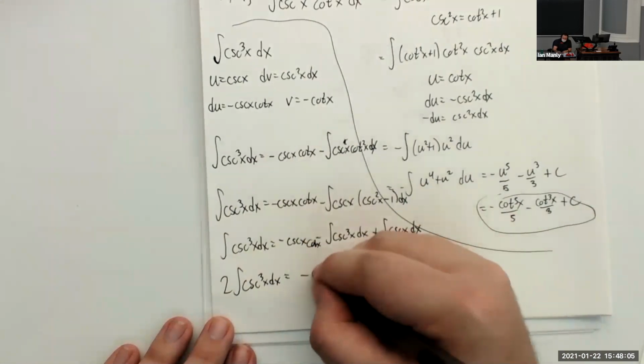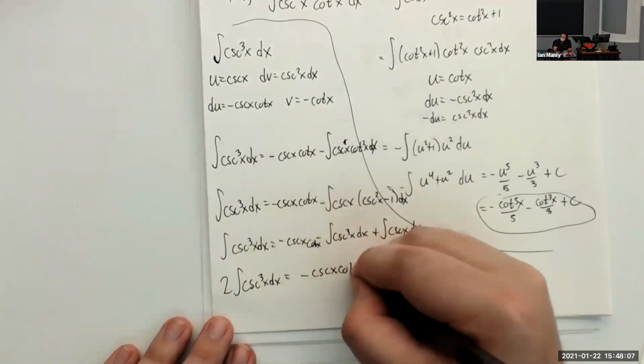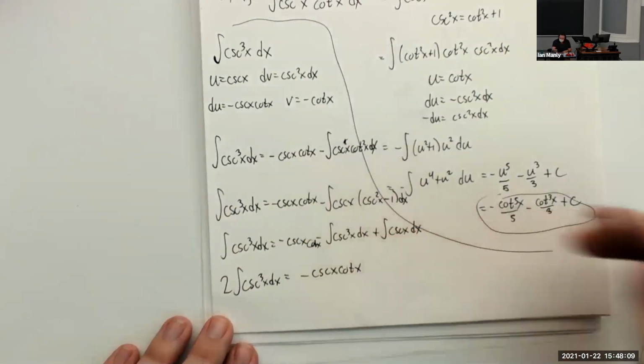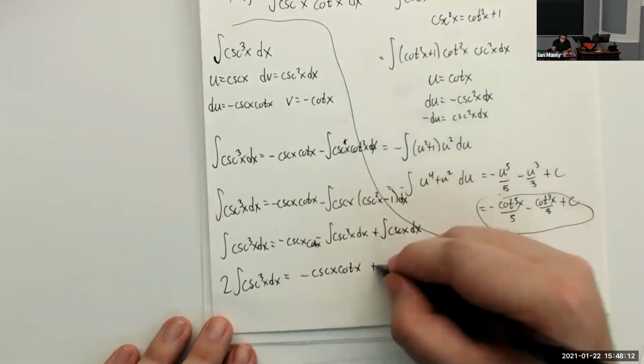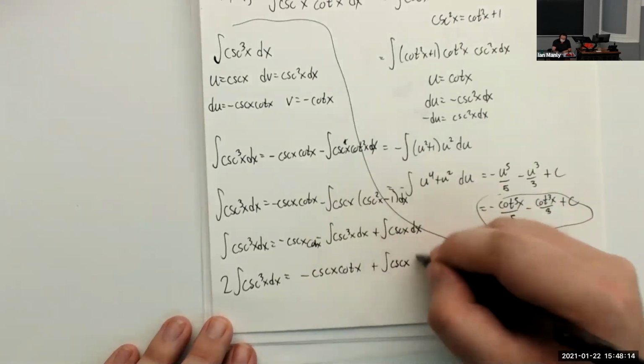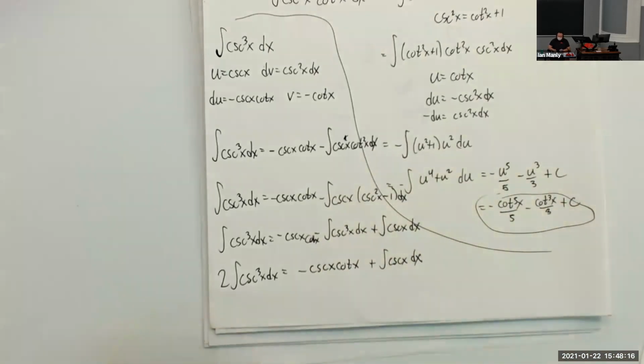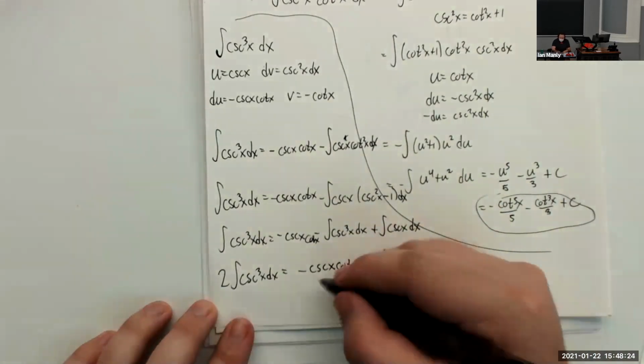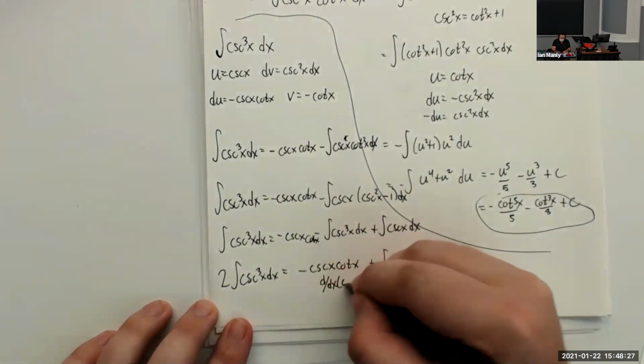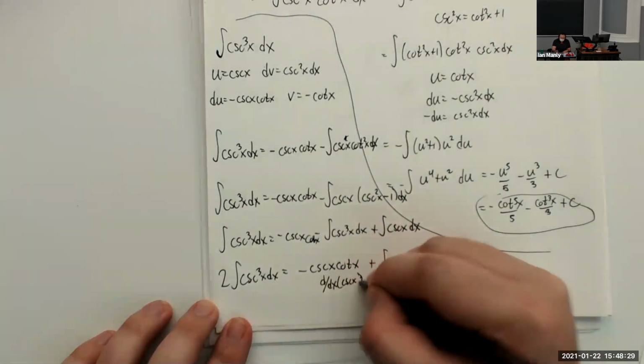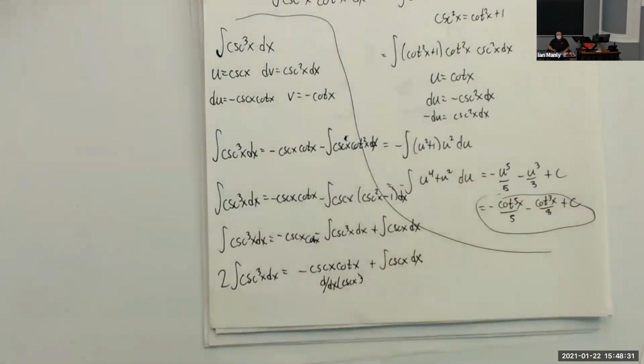Okay, so then I have negative cosecant of x, cotangent of x, and then I'm going to have the integral of cosecant of x right there. All right, and then the final thing we need to do here is just divide by 2, and then we're finished. So actually, this is the derivative of cosecant of x, and this is the integral of cosecant of x as well.